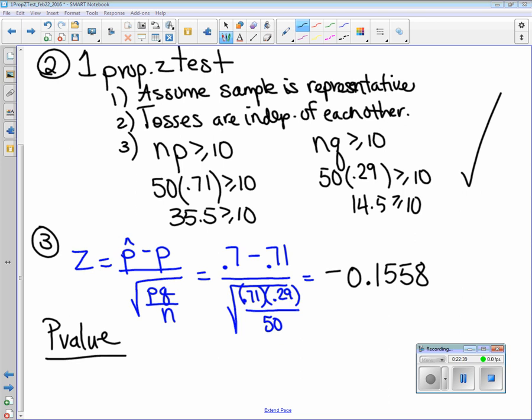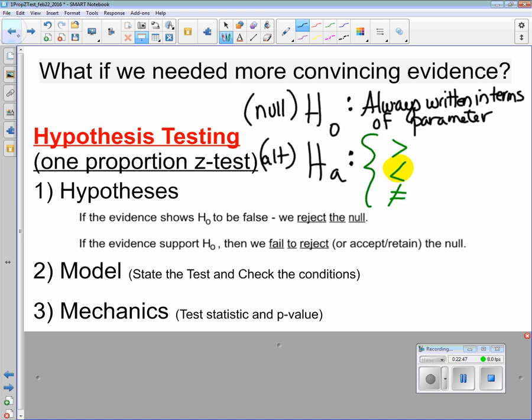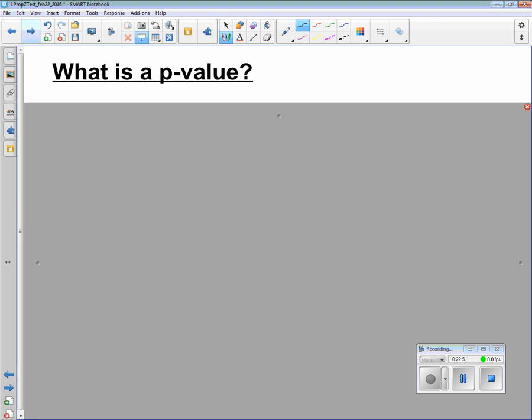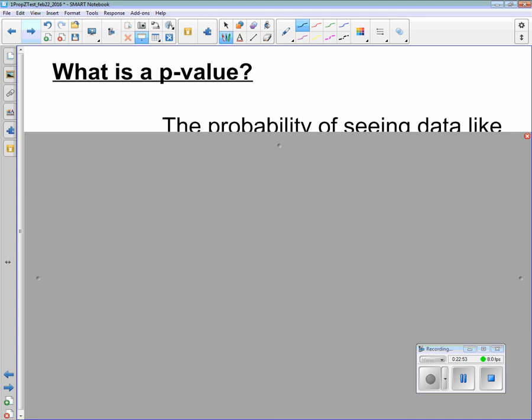The probability, okay? So a p-value is actually a probability. So how do we normally find probabilities? And if we checked our conditions, what distribution can we use to find the probability?